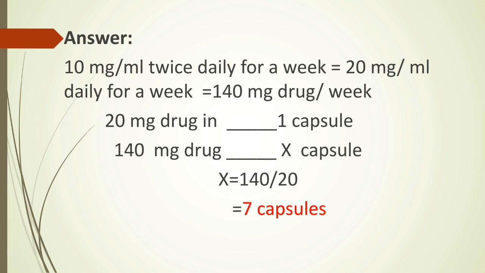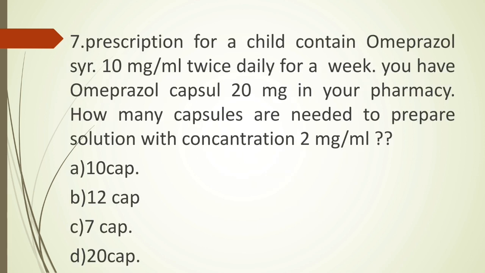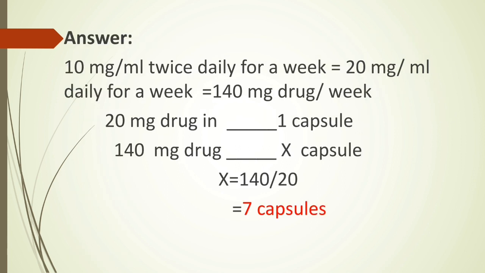And in the pharmacy Omeprazole capsule 20 mg is available. So in 1 capsule 20 mg drug is present. What we require is 140 mg drug. So for 140 mg drug we can assume X capsules are required.